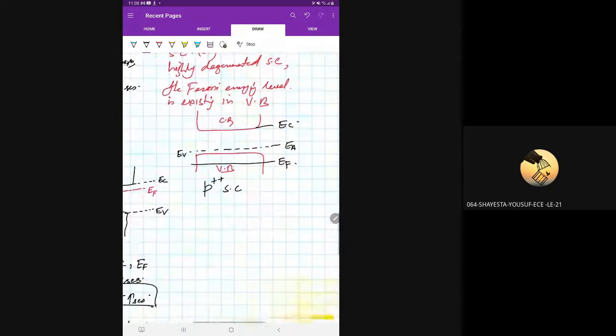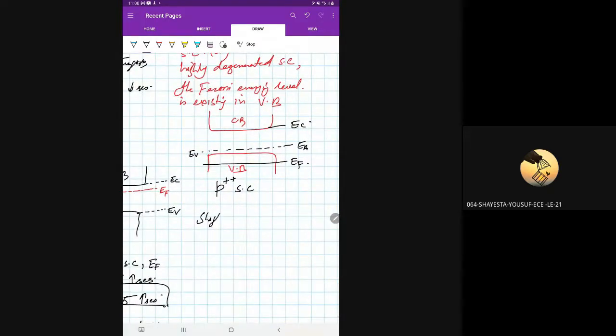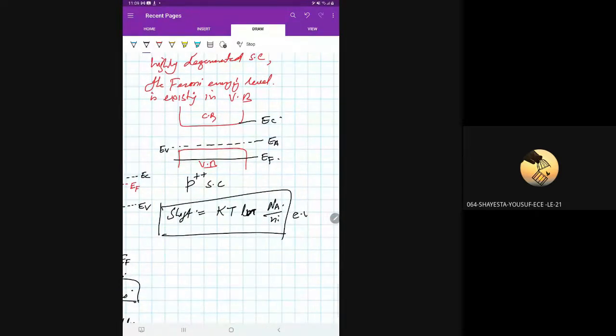You can also measure the shift here, which I discussed there; I am trying to rush because I have already discussed this. The shift in the energy level will be equal to kT ln of N_A divided by N_i, and it will also be in electron volts.